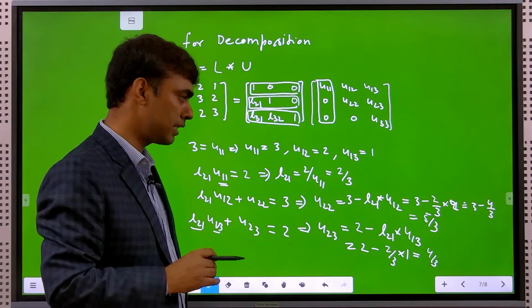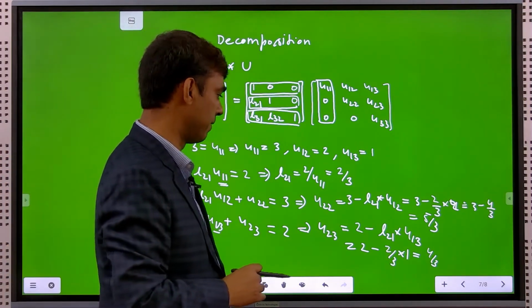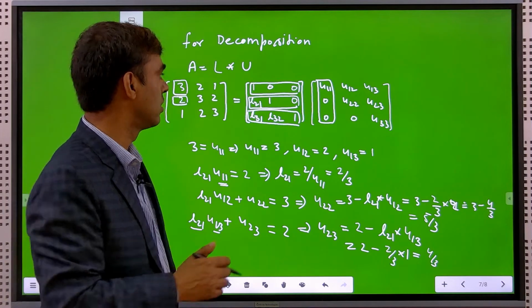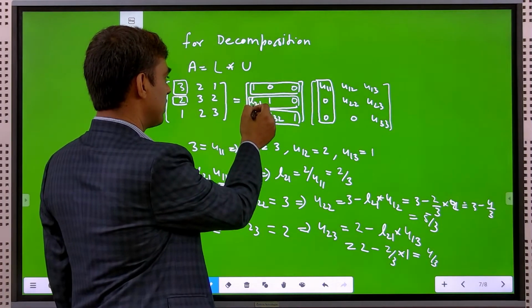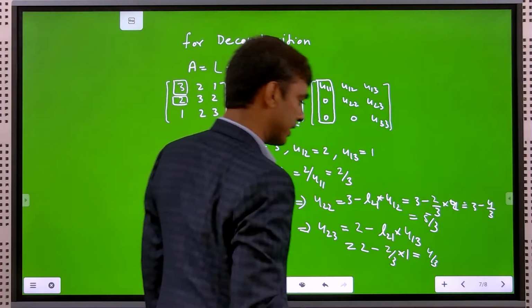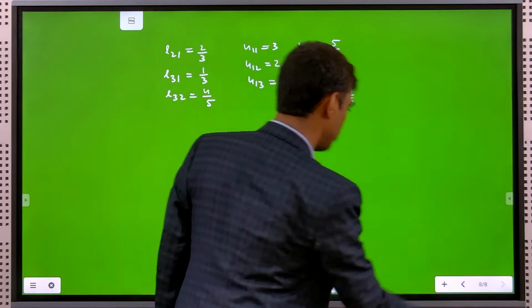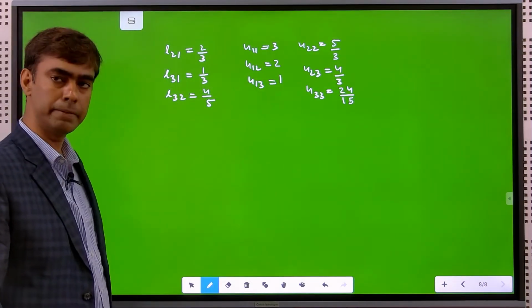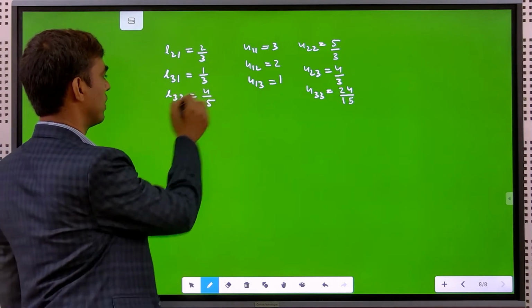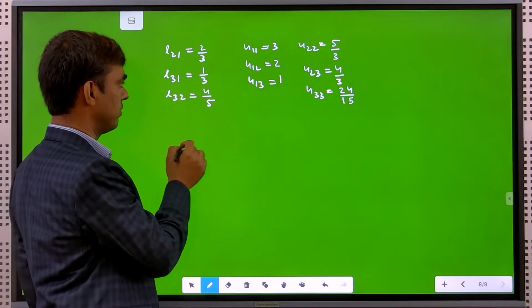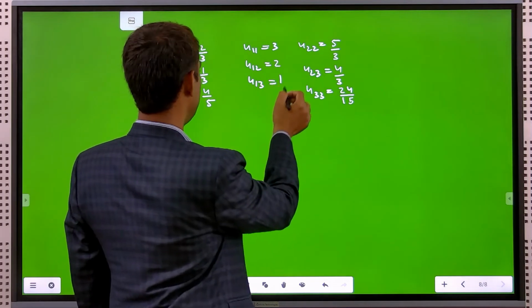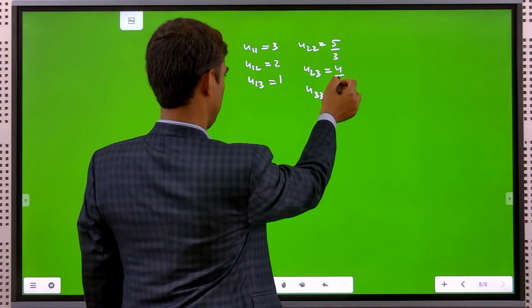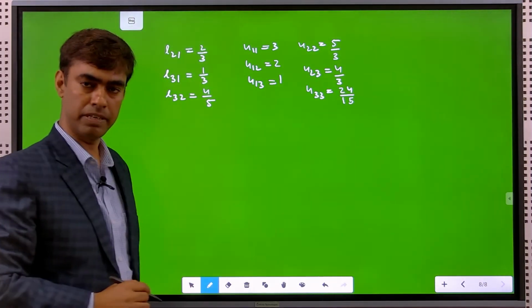In order to save time, we already wrote the values of the elements. What are the values? L21 equals 2 by 3, L31 equals 1 by 3, L32 equals 4 by 5, then 3, 2, 1 and 5 by 3, 4 by 3 and 24 by 5.